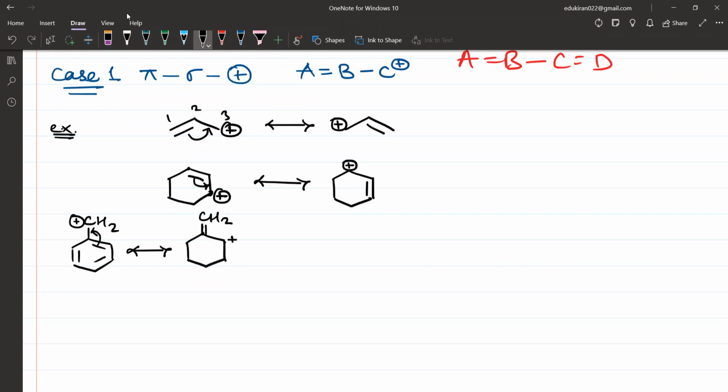The positive charge will be here. This double bond and this double bond are as they are. Once again, as you can see, A double bond B, single bond C, and a positive charge. So again there will be movement of electrons from electron source to electron sink, like this. We'll get one more resonating structure.